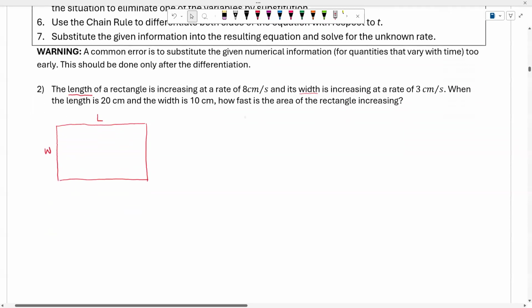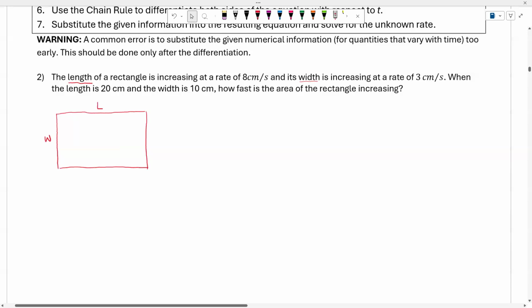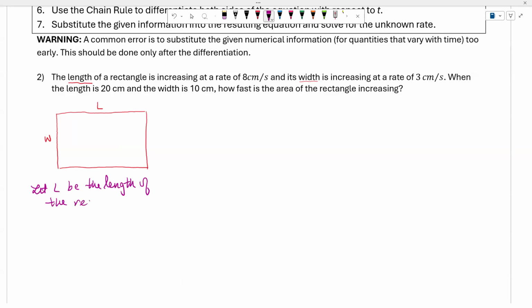Normally we can do this. I would like to write down: let L be the length of the rectangle, and let W be the width.